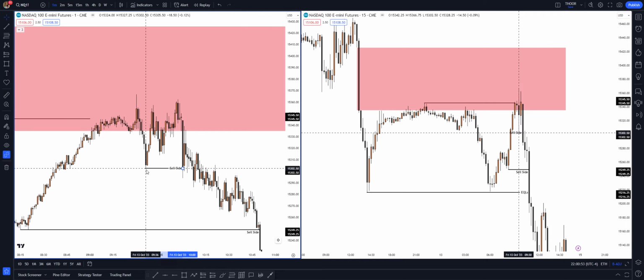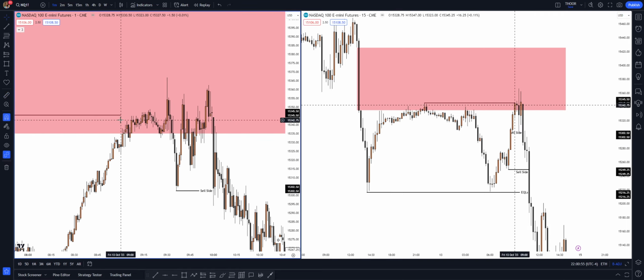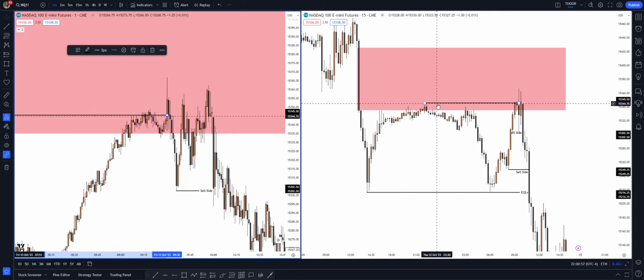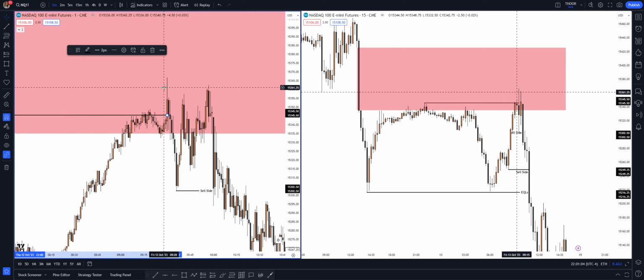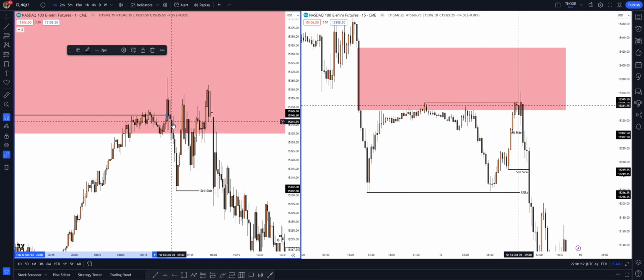So at open, we raided the buy side here, right? Then this is the 9:30 candle, it raided. We broke the structure. There is a 30-second fair value gap over there. It broke lower. You don't have to execute on this one.